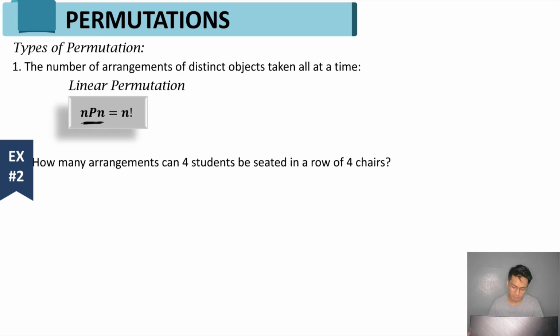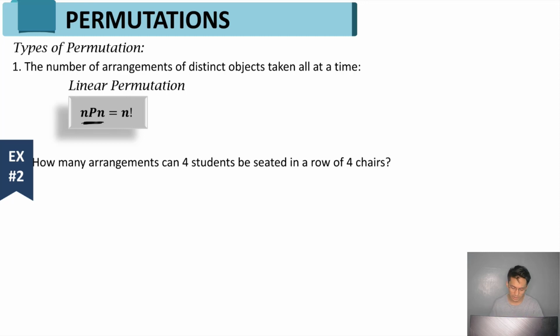Okay? Example number 2 for linear permutation. How many arrangements can 4 students be seated in a row of 4 chairs? So, we have linear permutations. Meron tayong 4 na upuan at 4 na estudyante. So, of course, with regards to order, kasi nasa permutation nga tayo.